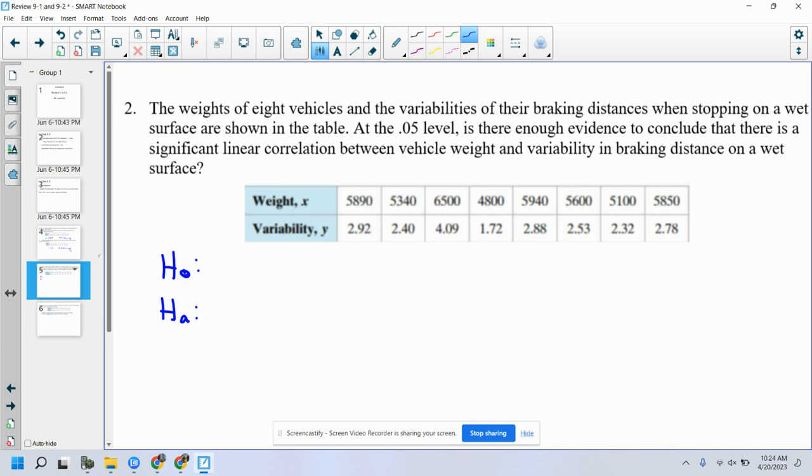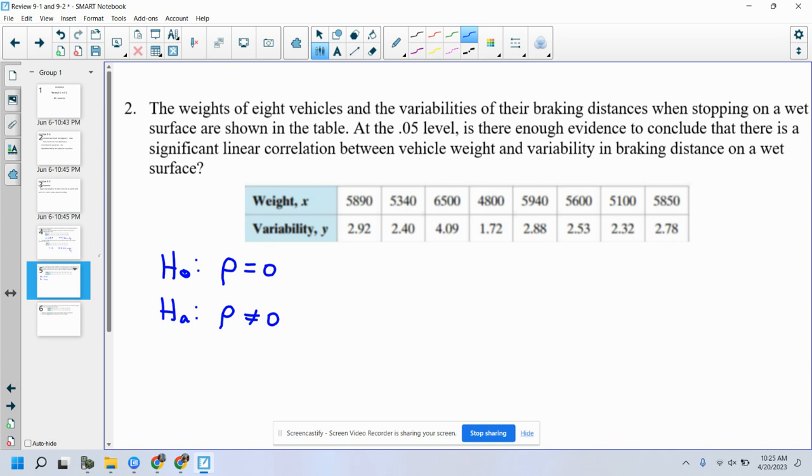Well, null has to have the equality in it, right? So I'm going to say rho, which is that cursive-looking p thing, is equal to 0. Because if rho is truly equal to 0, there is no correlation. So if I can prove that statement wrong, then I can say that there is some sort of linear correlation. So what is the alternative then? That rho is not equal to 0. This is if I'm just trying to show a significant linear correlation.